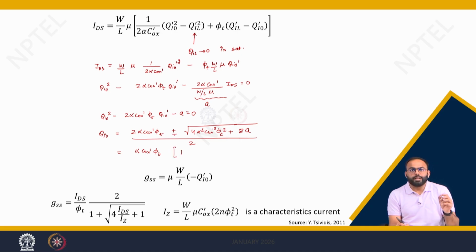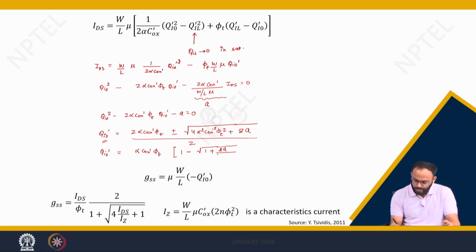Now whether we will take positive sign or negative sign, we have to take negative sign because the inversion charge will be negative. So QI dash 0 is negative, as we have taken 2 into 2 to get cancelled and we have taken alpha into COX dash as common, you are left with 1 plus 2A divided by alpha square COX dash square into phi t square.